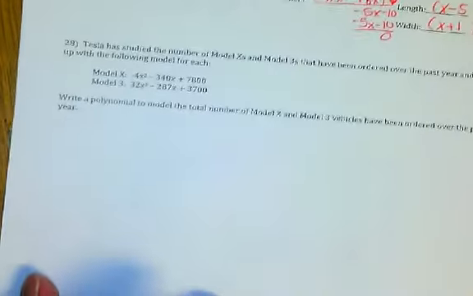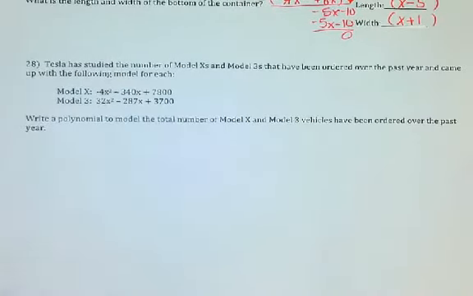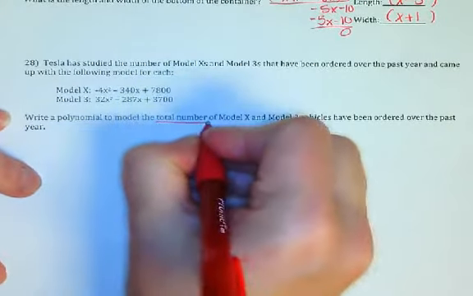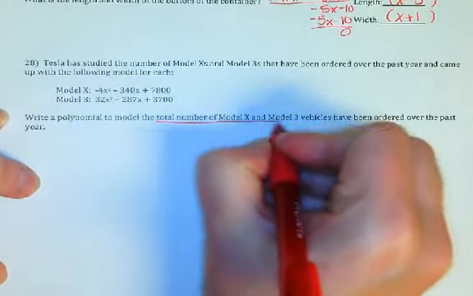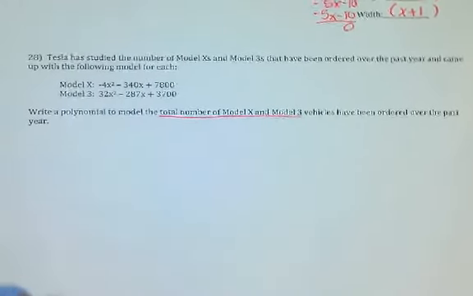All right, this last one here, Tesla has studied the number of Model Xs and Model 3s that have been ordered over the past year and came up with the following model for each. Write a polynomial to model the total number of Model X and Model 3 vehicles that have been ordered over the past year.